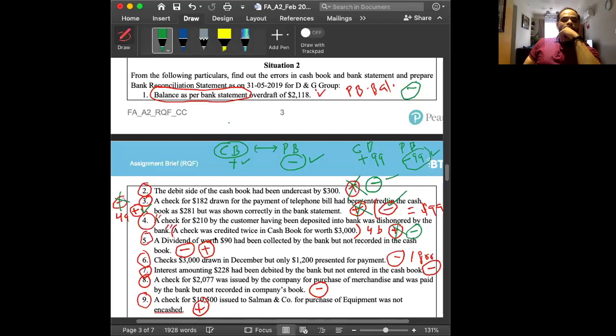Because the check was credited two times, so the cash book balance was reduced. We minus two times, 3,000, 3,000. Net we minus 6,000, but actually it should be 3,000. So we have to plus 3,000 back to the cash book balance, so the opposite transaction will be minus 3,000.